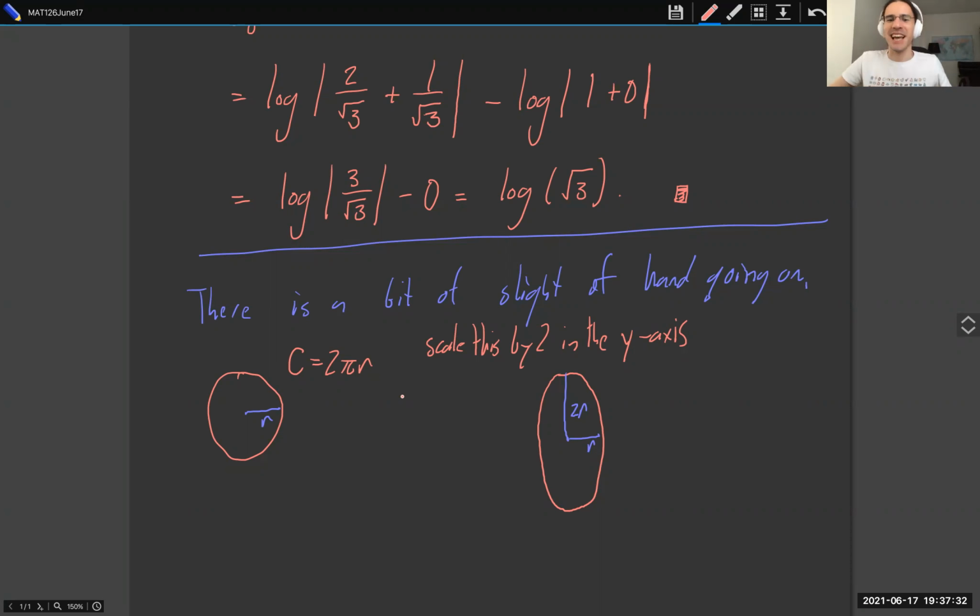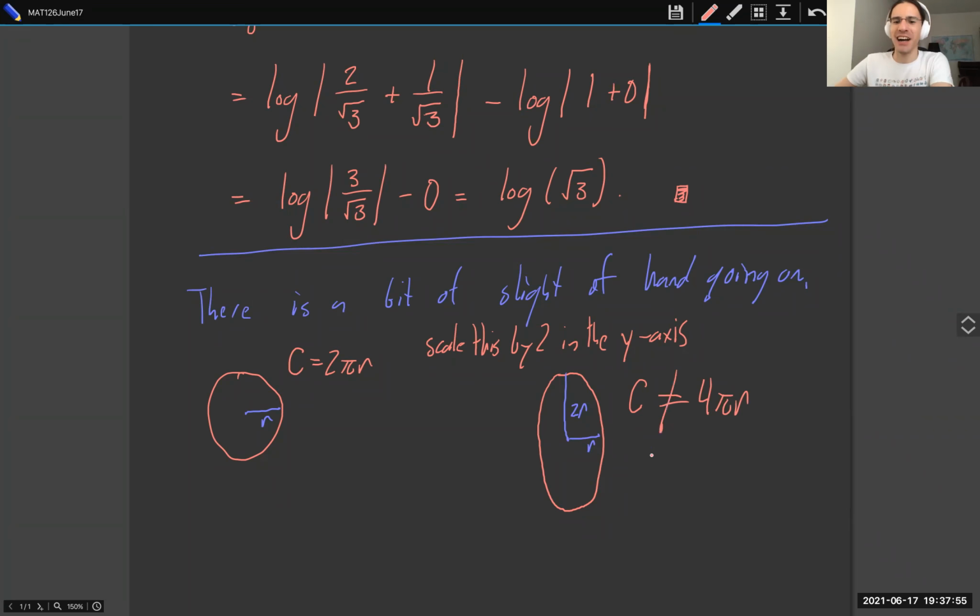This is just a guess. 2 pi 2r, wait, 4 pi r. Yeah. So you'd guess 4 pi r, right? Because you've just multiplied everything by 2. So it turns out that this does not equal that.